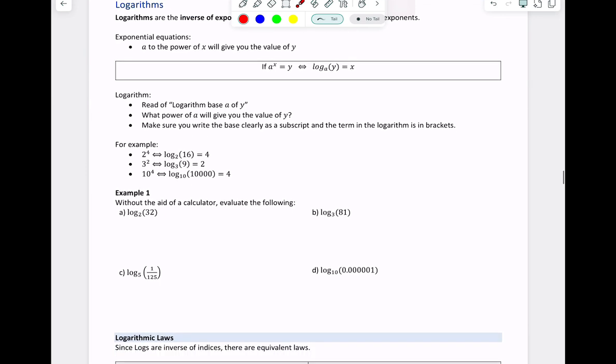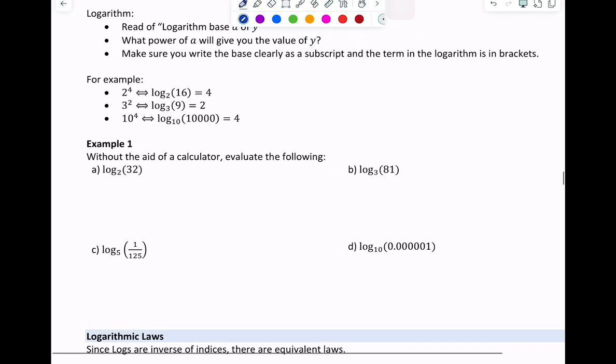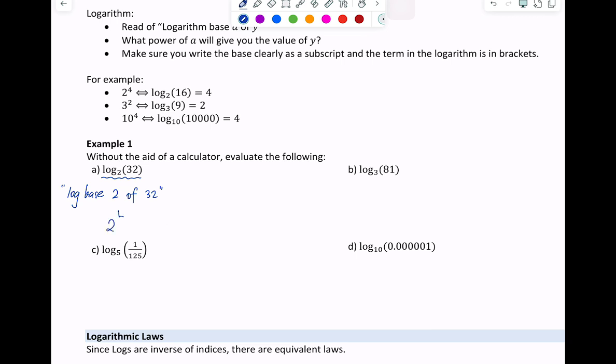So we'll have a look at example number 1 here, and I'll zoom in a bit. Essentially what we're saying here is we are finding log base 2 of 32. That's how we read this little question here. Now, the way we want to calculate this is we can rewrite it as 2 to the power of something equals 32.